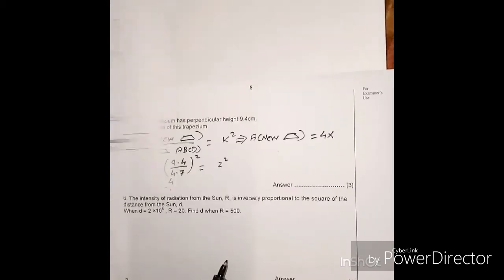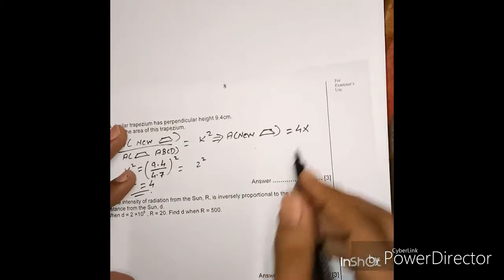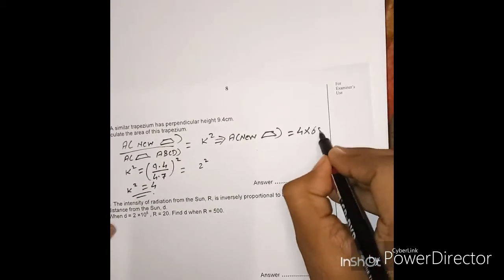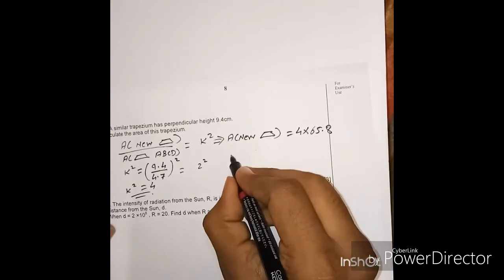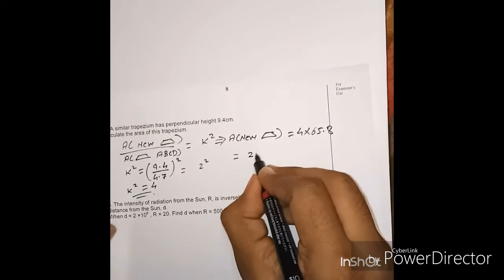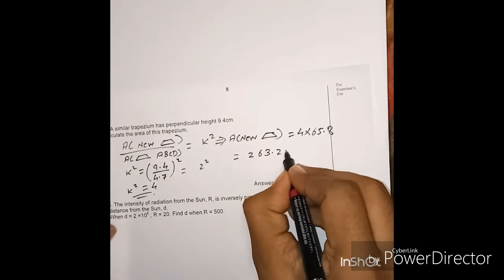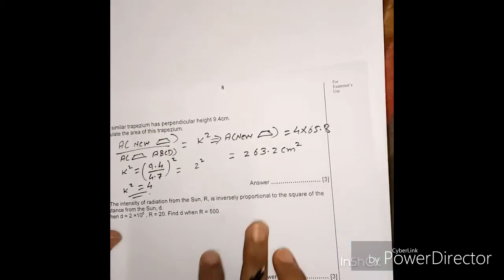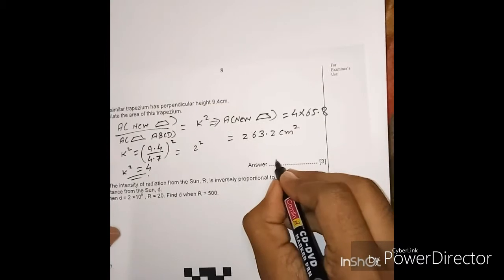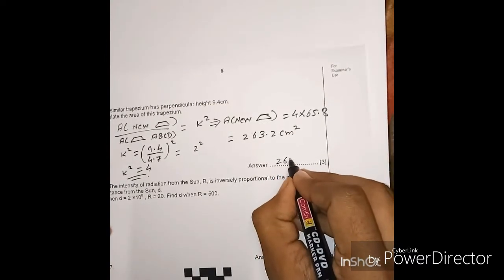I will be taking this value and substituting over here, so this will become 65.8. So my final answer will be 263.2 centimeter square, rounding off, and we'll get the value as 263.